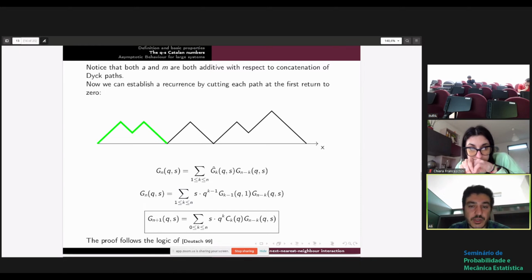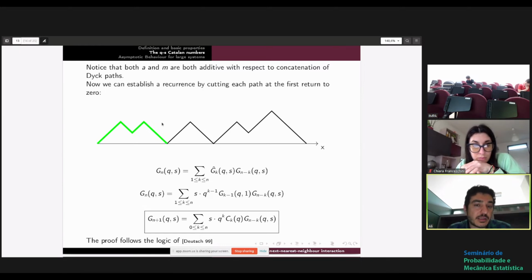So it has this form: you assume that this point k can be anywhere on the lattice, and each time the set of all of the paths can be decomposed into a Cartesian product.